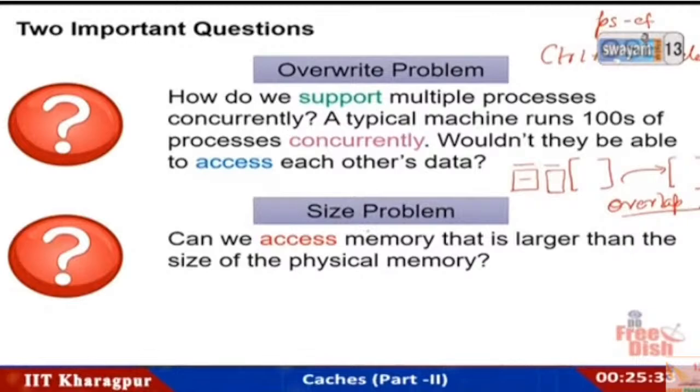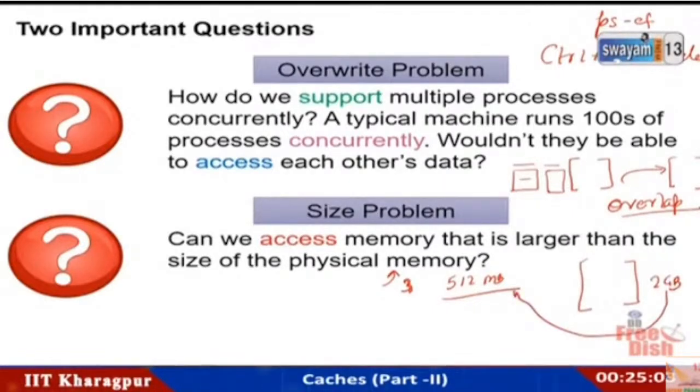The other is a size problem, which means: can we access memory larger than the size of the actual physical memory? We have limited the memory map to 3 gigabytes, but in reality, let's say I only have 512 MB of RAM. And my entire memory map maximum is 3 gigabytes, but let's say I'm using 2 gigabytes of it.